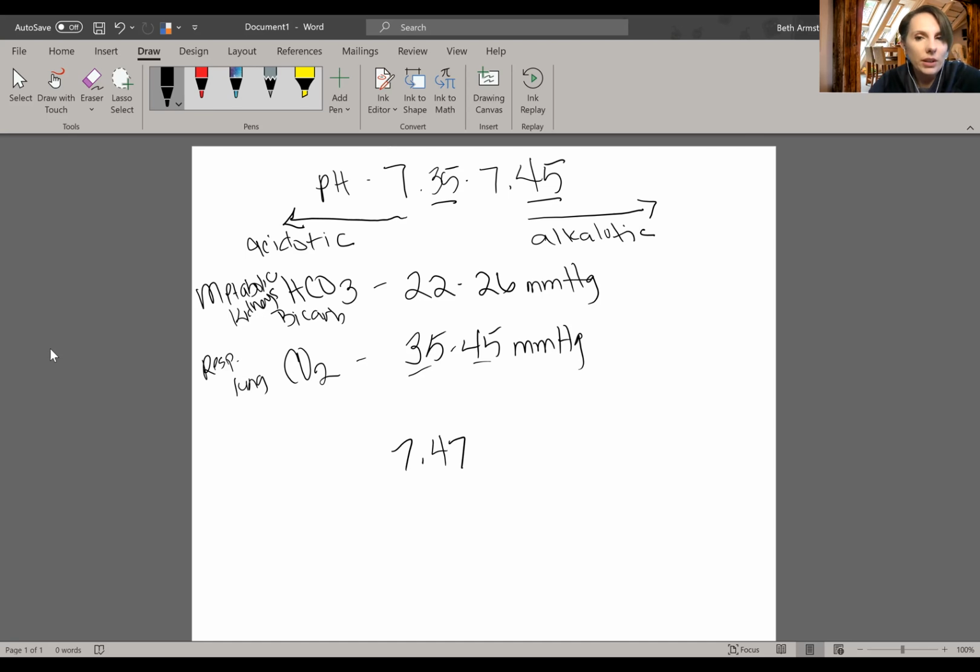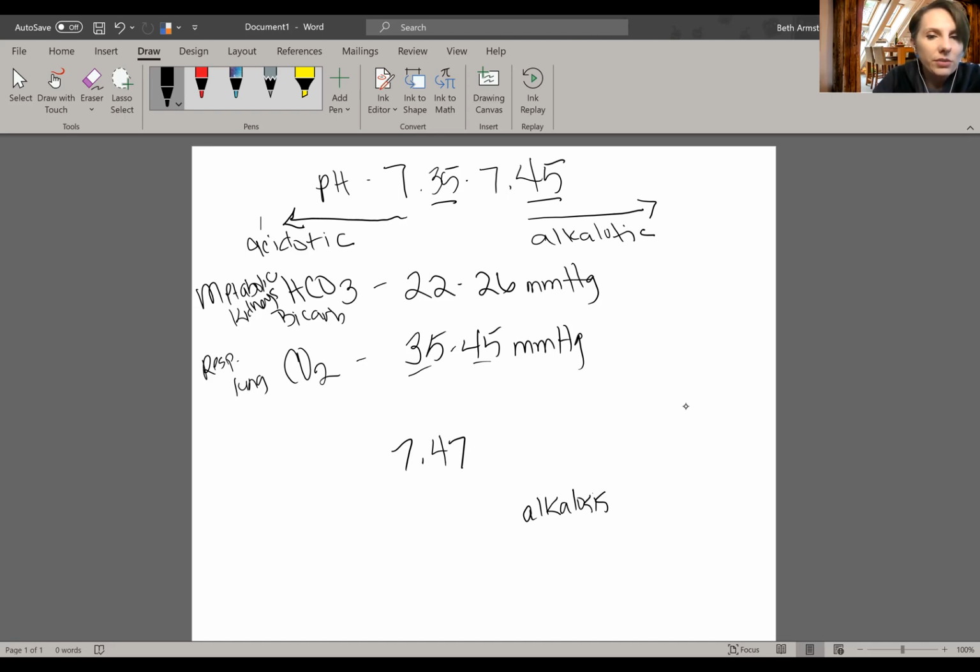That's the first thing we look at and say, okay, it is going this way. So it is going to be alkalosis, right?